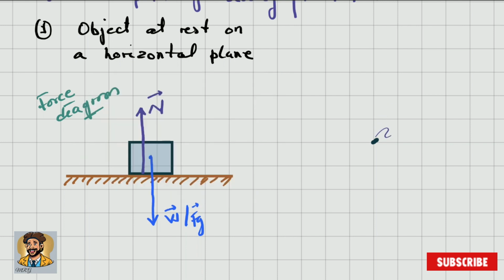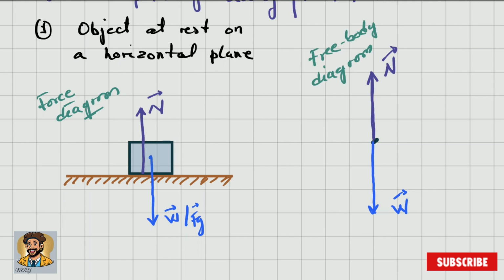So the normal force is a vector pointing all the way up. This one is the normal force, and the weight is pointing all the way down. That one here is the weight of the object, and that's it. This is the free body diagram for that situation.